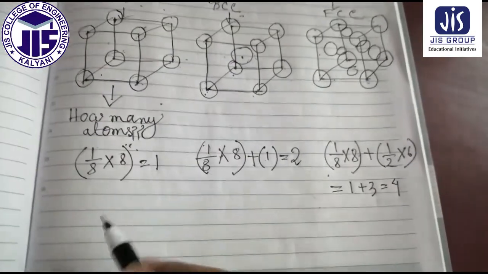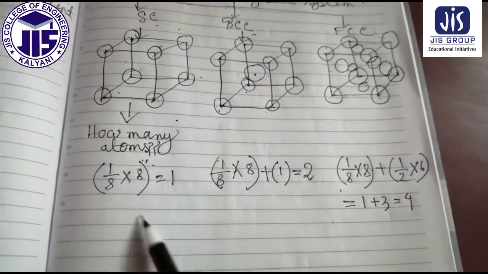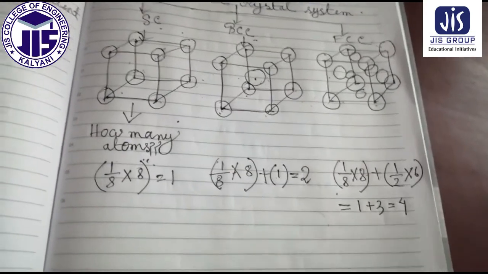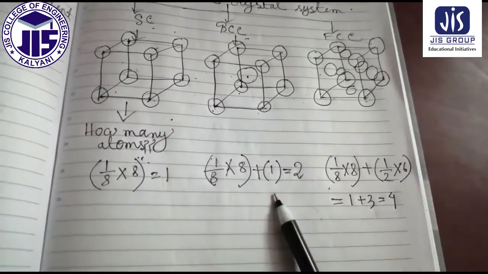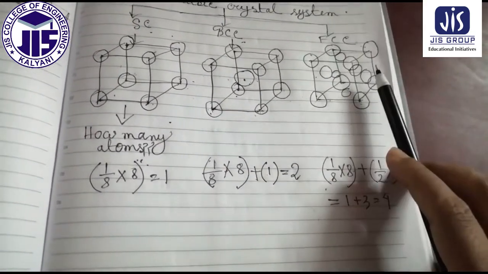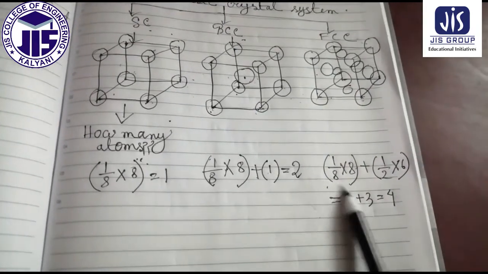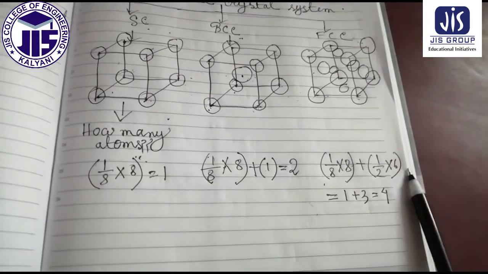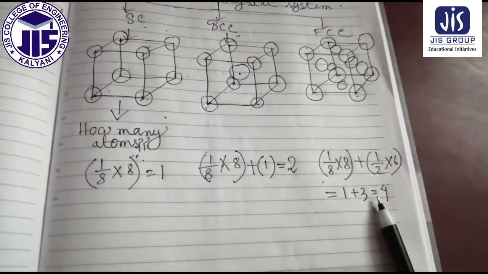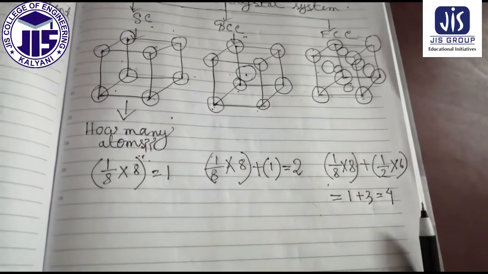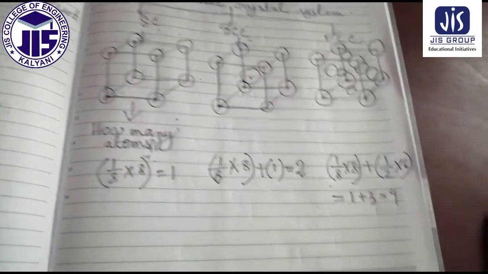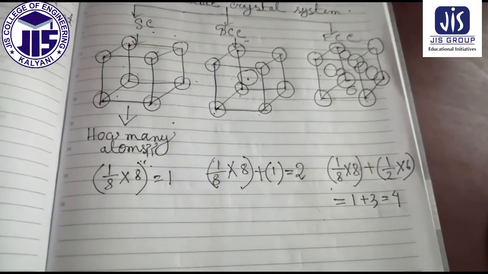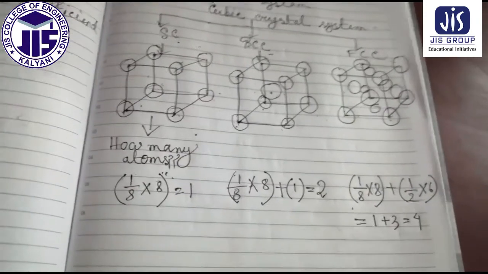Okay. So from simple cubic we are getting only 1 atom. For BCC we are getting 2. For FCC we are getting 1/8 into 8 plus half into 6, that means plus 3. So this is equal to 4. So if the question is how many atoms are there for SC, it will be not 8 but the answer will be 1.